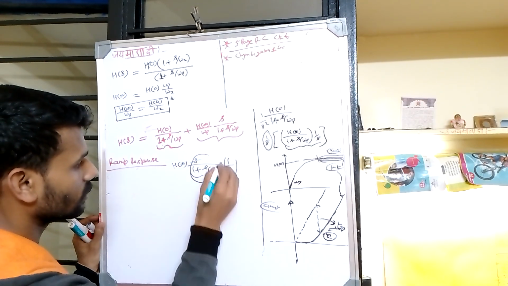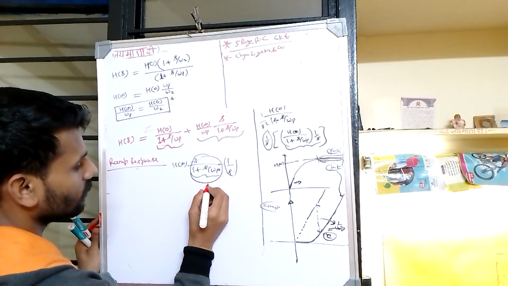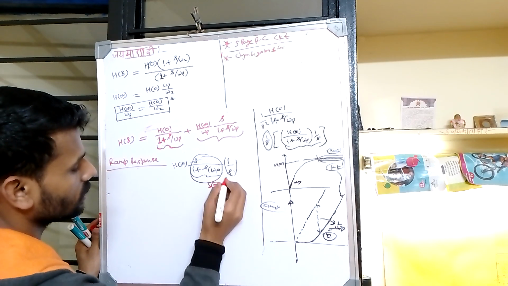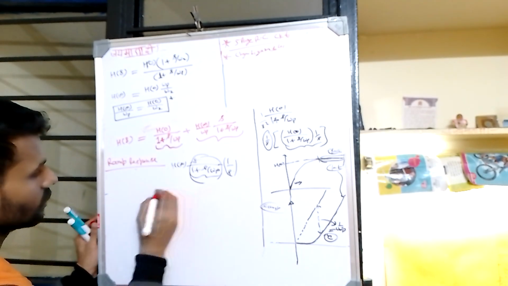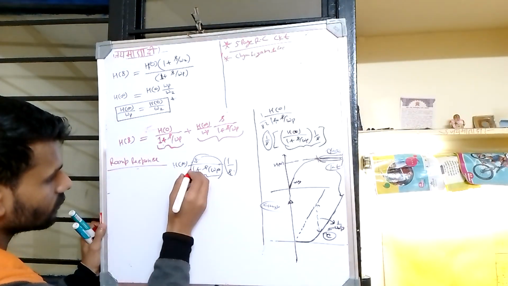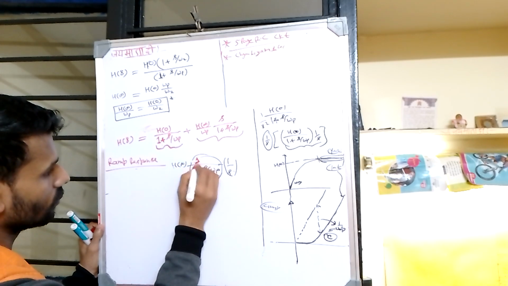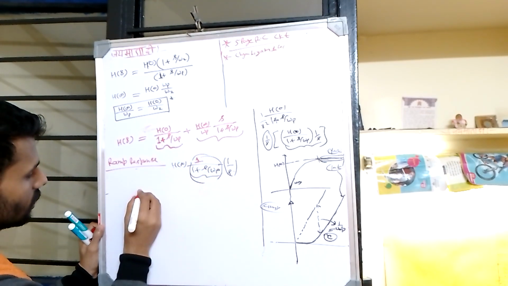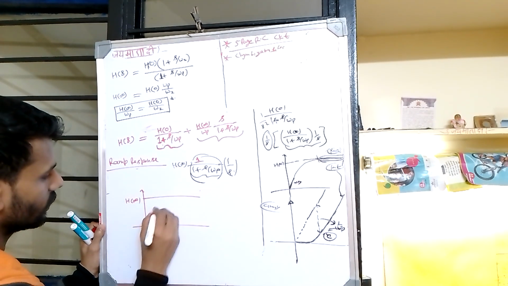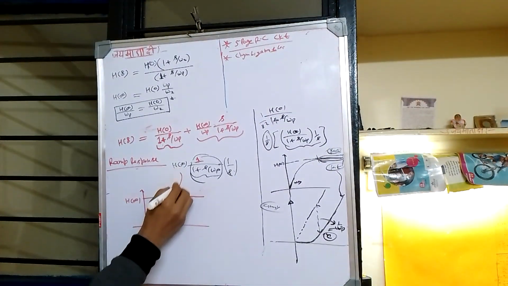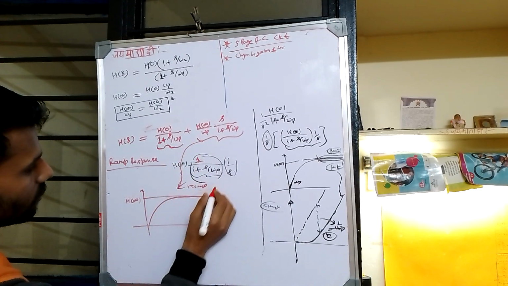So for this transfer function, if you plot the step response, then you will get the ramp response for this transfer function. S will be gone, then it will become 1, and if you plot the step response, it is nothing but the h of infinity, and like this. Means you will get the ramp response for this will be this.